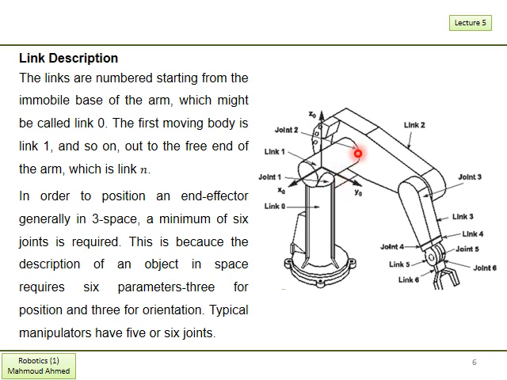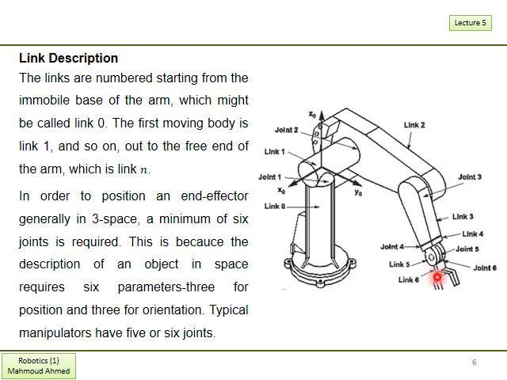Link 1 is connected with link 2 through joint 2, and link 3 is connected with link 2 through joint 3. Then link 4 is connected with link 3 through joint 4, which lies between the two links.